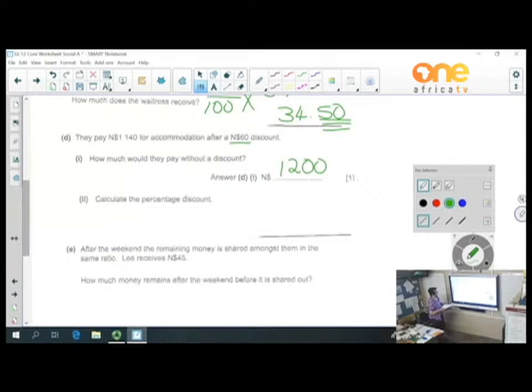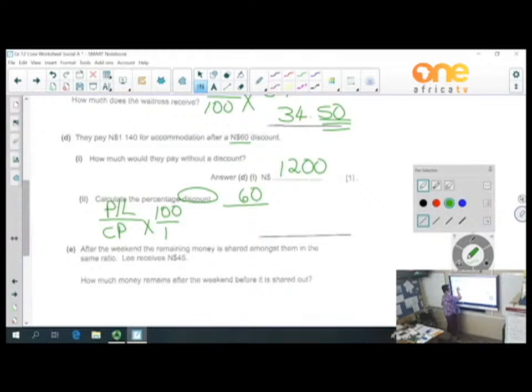Then calculate the percentage discount. Now, look, I showed you the formula already. Profit or loss on the cost price times 100 over 1. We must first find that discount. Okay, but in this case, they told us it was $60. So it's 60 on what? The original amount. Which one is now the original? No, this is the original amount.